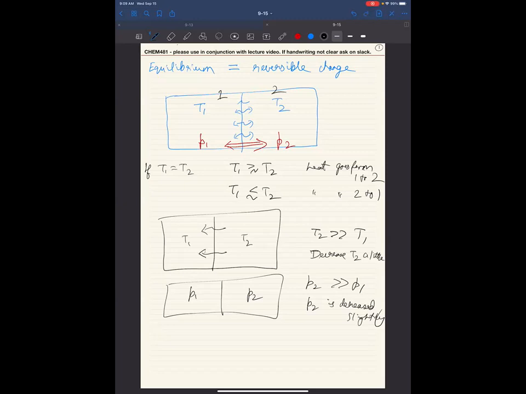The point is that if the system is at equilibrium, if T1 is equal to T2, or if P1 is equal to P2, then any change in the system by making P1 slightly more than P2, or by making P1 slightly smaller than P2, or making T1 slightly larger than T2, or making T1 slightly smaller than T2, will be reversible. So systems at equilibrium undergo reversible change.